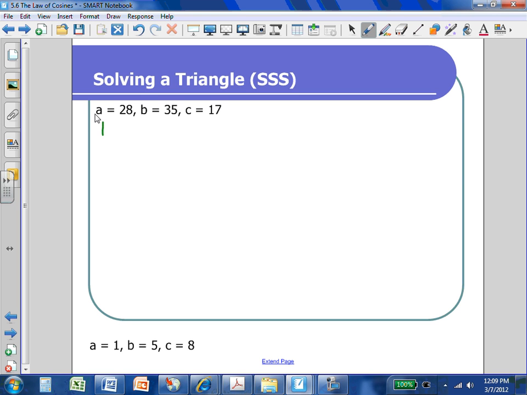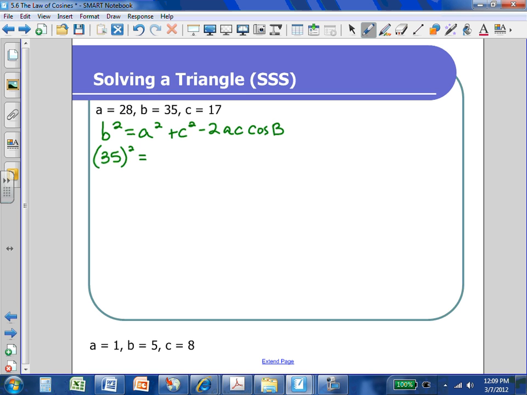So I'm going to use B squared is equal to A squared plus C squared minus 2AC times the cosine of angle B. Okay, so substituting for B, I have 35 squared.